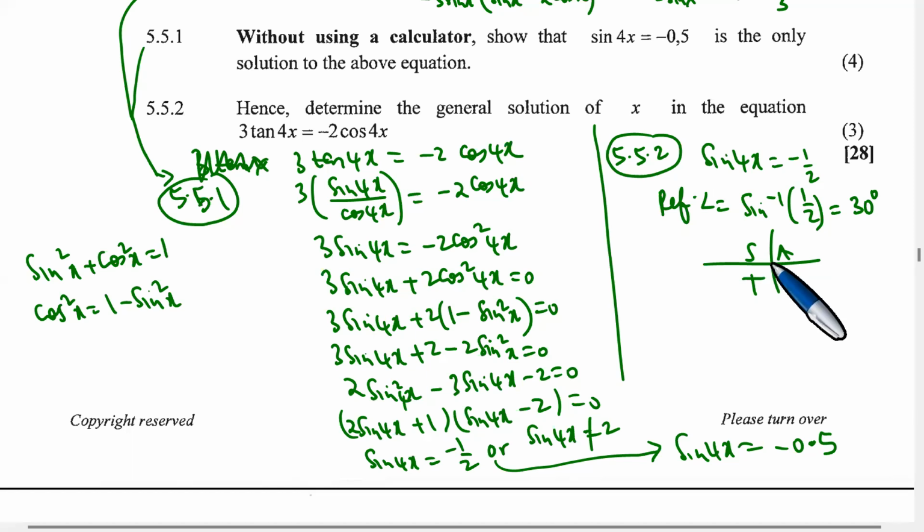The sine is negative in the 3rd, but also the 4th quadrants. And because of that, we're going to consider both. 4x equals... So what do we get out of these?